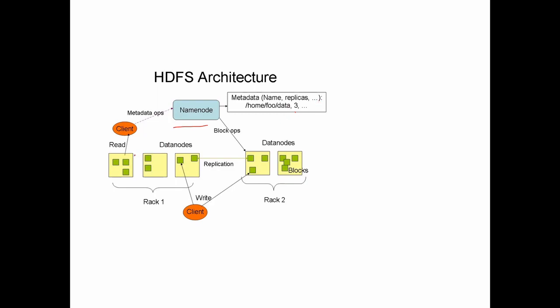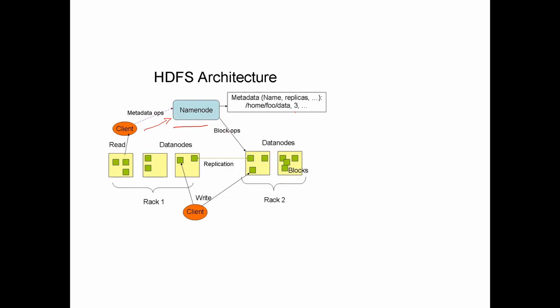When a client tries to read some data, it provides the path of the file to the name node, and the name node provides the list of blocks. Then the client can go ahead and read directly from the data node. Similarly, the client can also write directly to the data nodes, and we will see how the read and write happen.